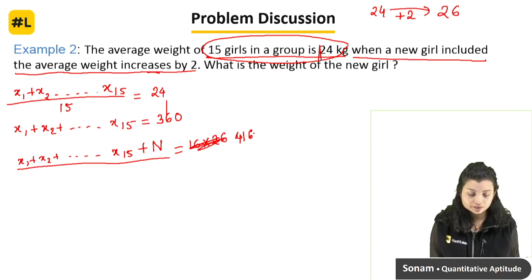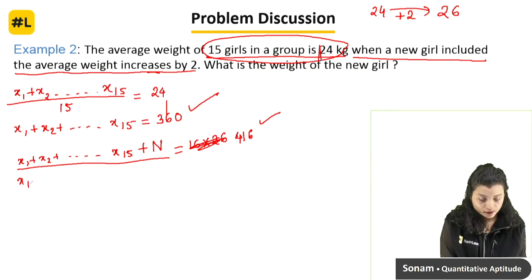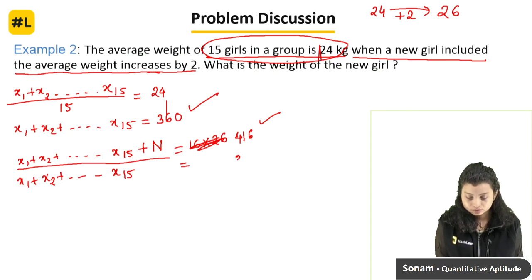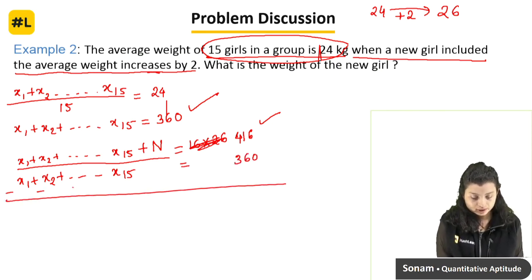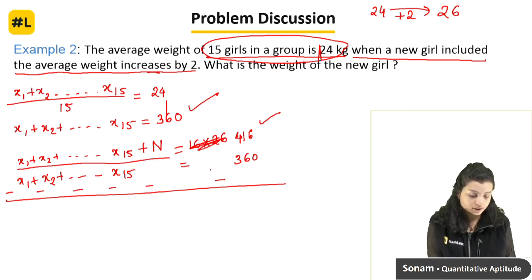Okay, and now I have simply two equations. This is my first equation, this is my second equation. Let's subtract the first equation from the second equation. So I will write the first equation here and let's subtract. When I subtract, tell me what all terms will be cancelled out. x1 cancelled out, x2 cancelled out.